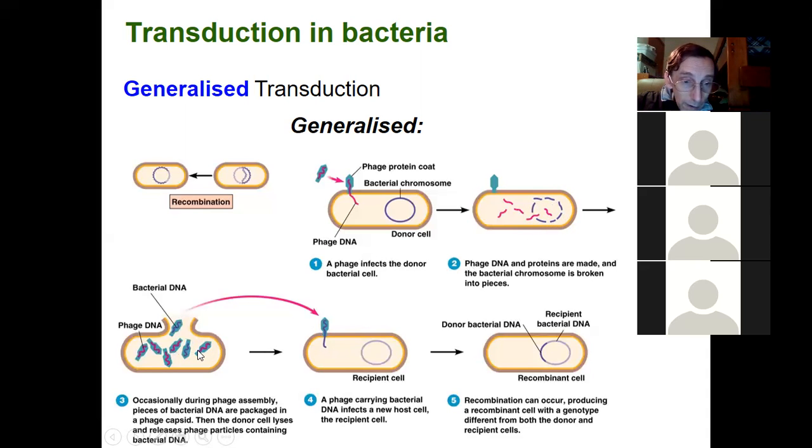When the viruses are assembling, they bring DNA into the virus. And every once in a while they make a mistake, like for that virus and that virus. Instead of viral DNA going in the virus, bacterial DNA goes in the virus.